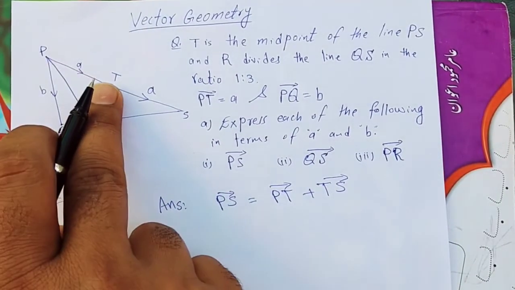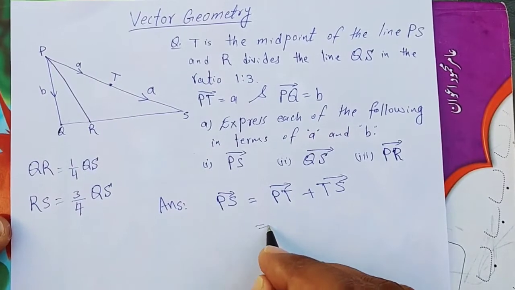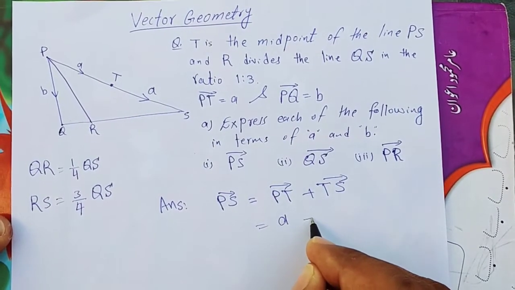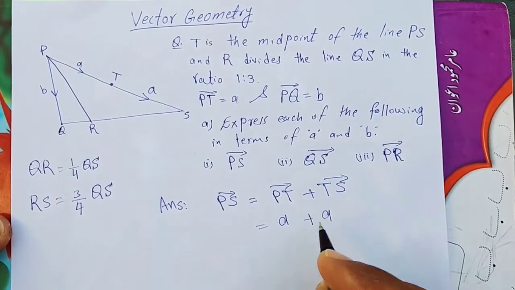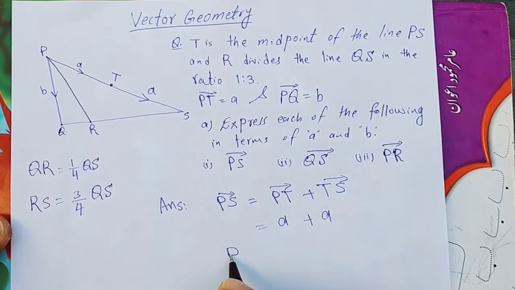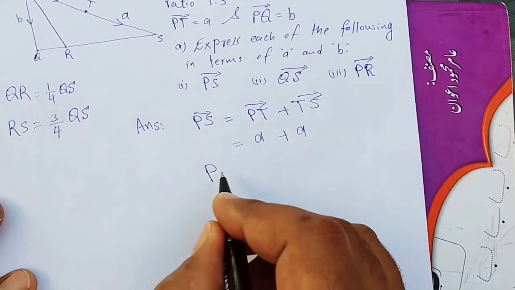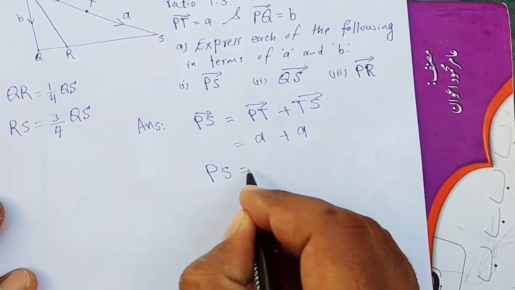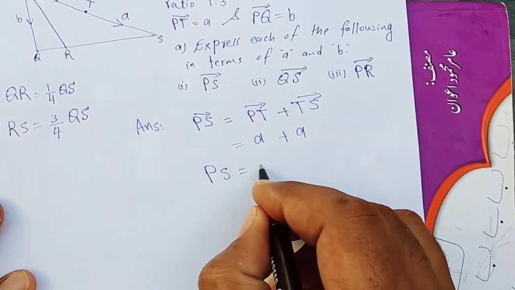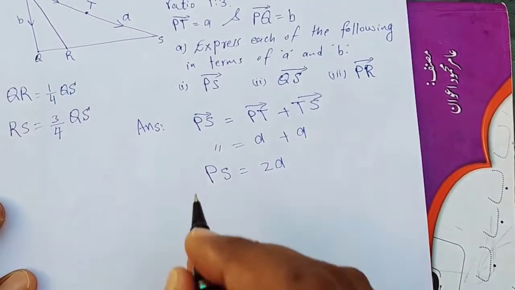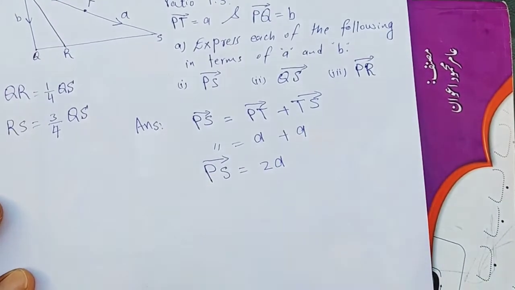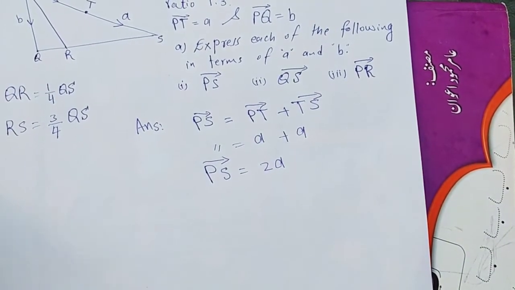So PT is A plus TS is also A. So PS is equal to A plus A, 2A. What is our answer? PS equals 2A.